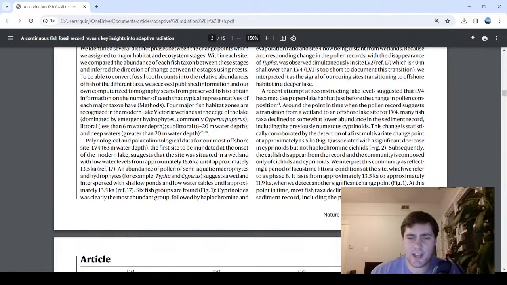At this point in time, most fish taxa declined to below detection level in the sediment record, including the previously numerous cyprinoids.